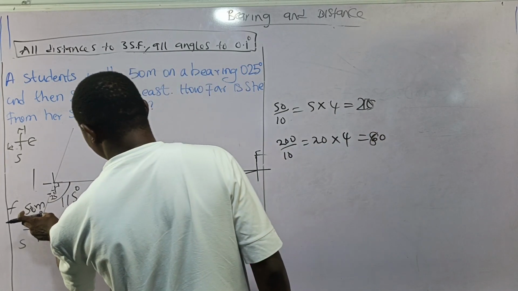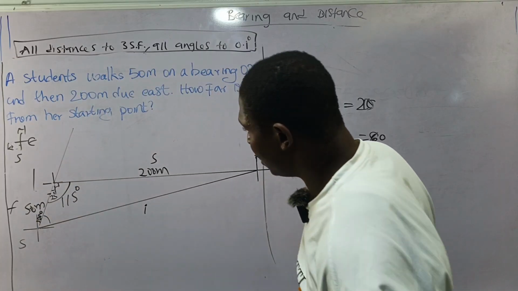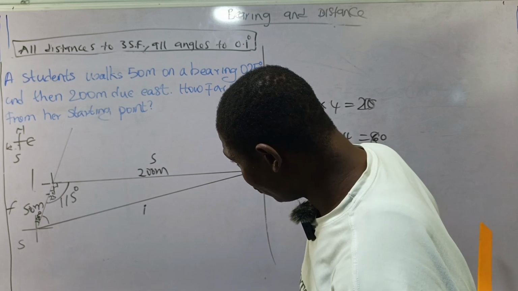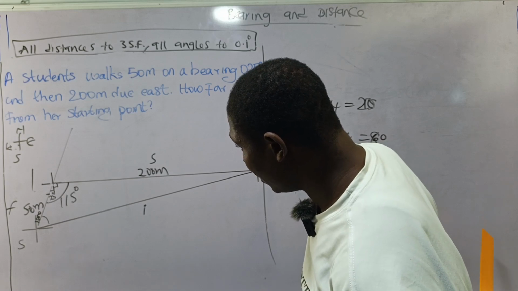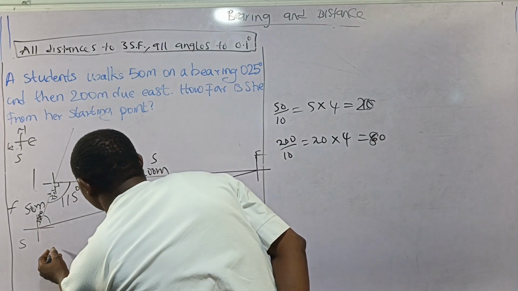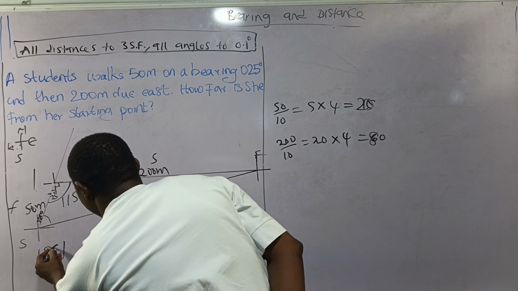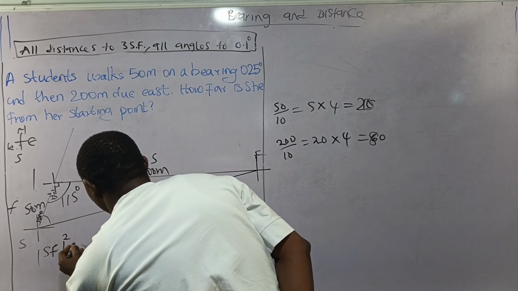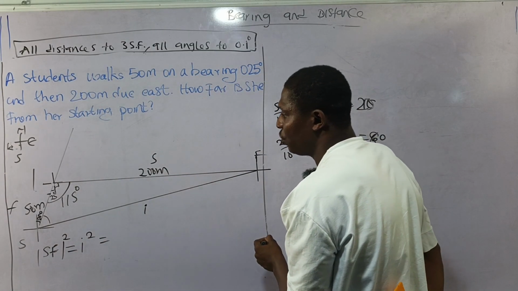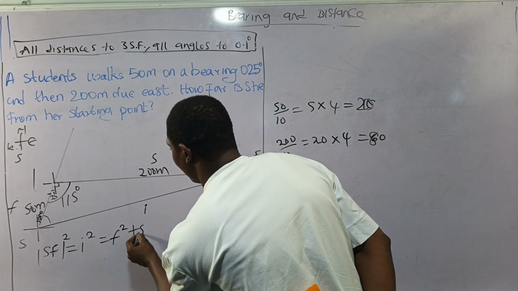Now I know two sides and the included angle, and I'm looking for the last side, which is i. So therefore I can simply use, SF square, which equals small letter i square, to be equals to f square plus s square.